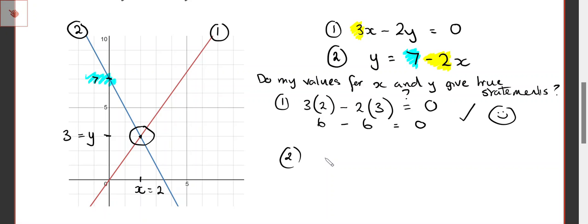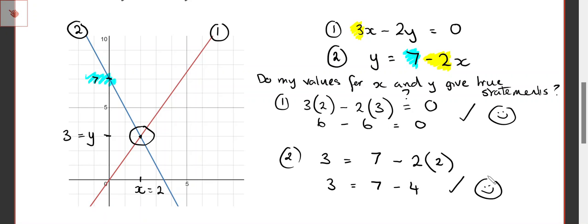So we should be finding 3 is equal to 7 minus 2 times 2. So 3 is equal to 7 minus 4. We're good there, aren't we? All right. So actually, we are all good.